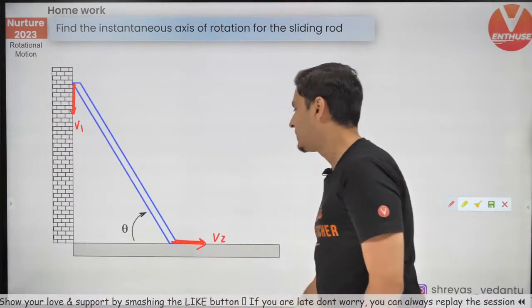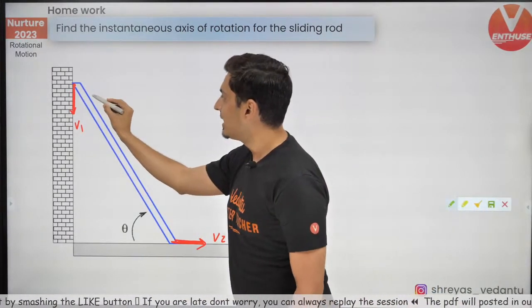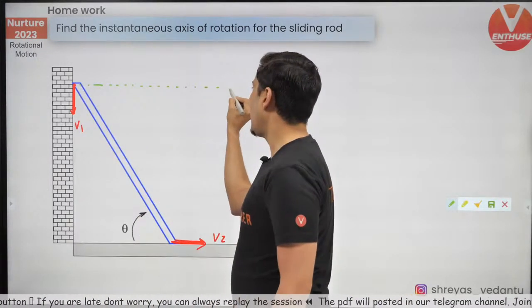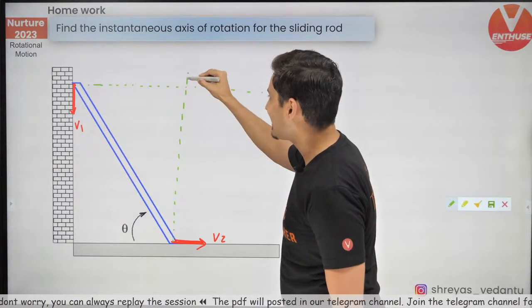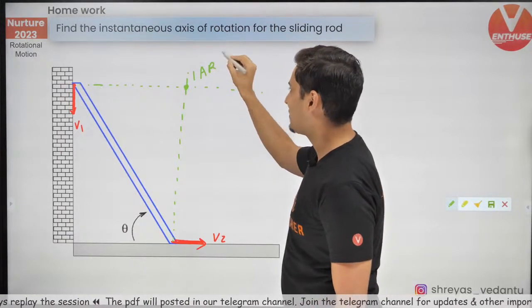Let's call it V2. What do we do next? Drop perpendiculars. Let us drop a perpendicular over here, and another over here, and see where they intersect. Perfectly intersecting over here. So this is the instantaneous axis of rotation.